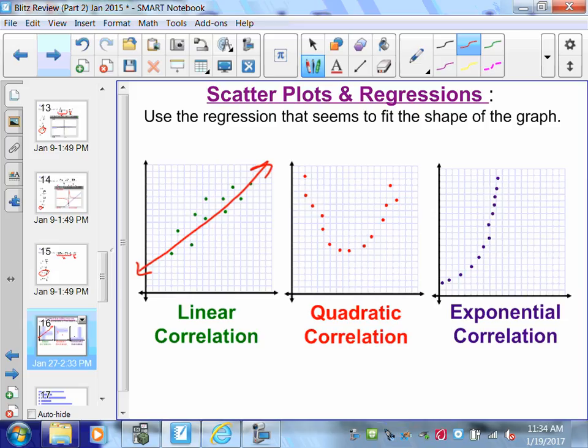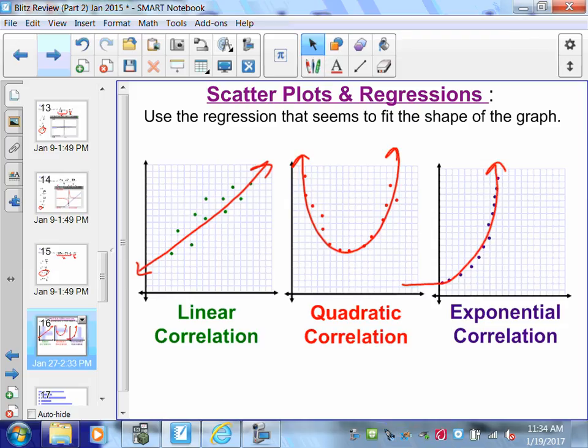A quadratic regression is a bunch of dots that make the quadratic shape, which is a parabola. And an exponential equation kind of goes like this, so there's some type of asymptote right there.